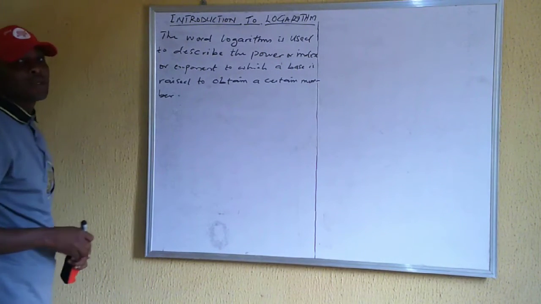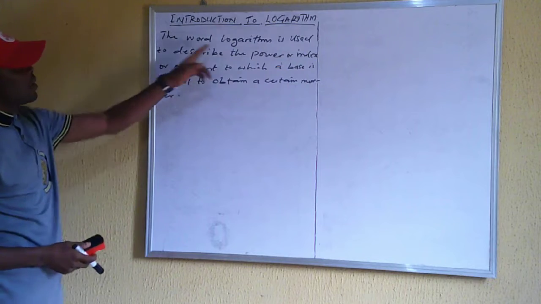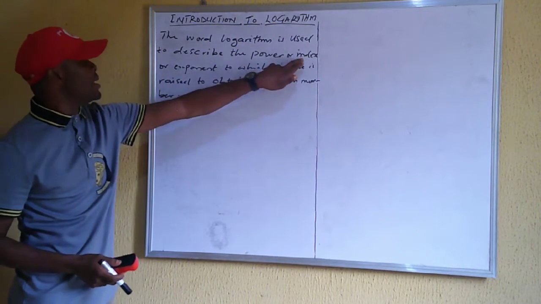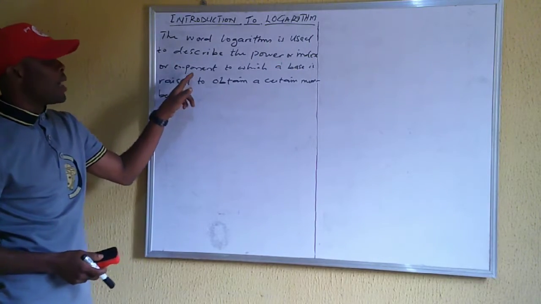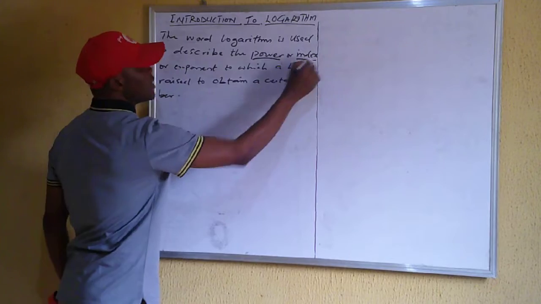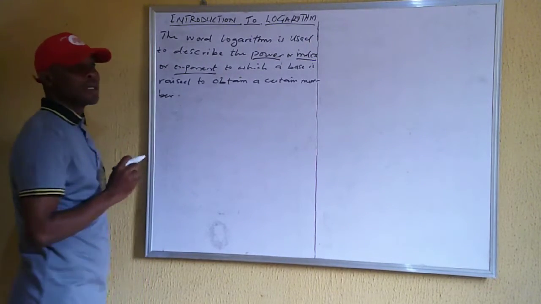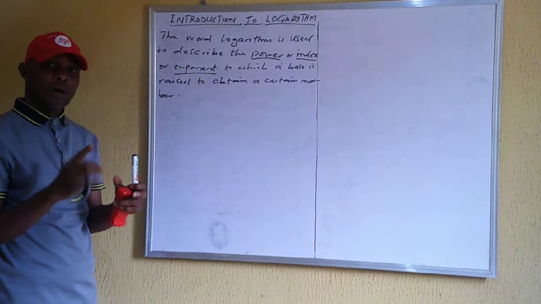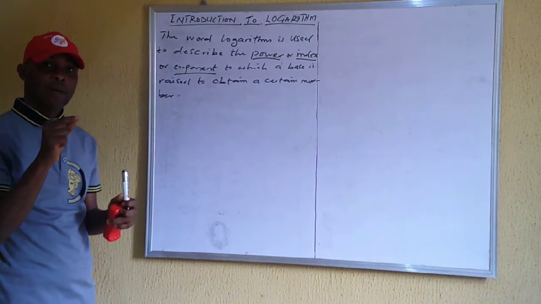Now, viewers, I want you to take a look at this definition. Logarithm describes the power, index, or exponent. Take note of these three words: power, index, or exponent. They are words that are used interchangeably for the power of a certain number.